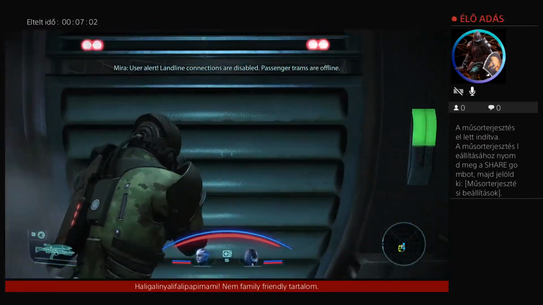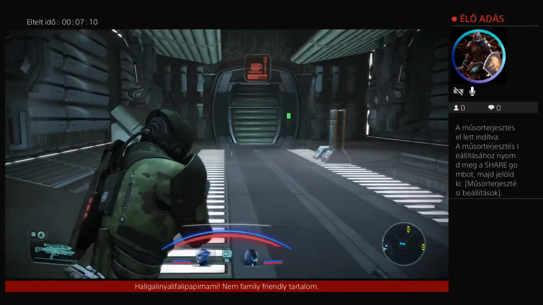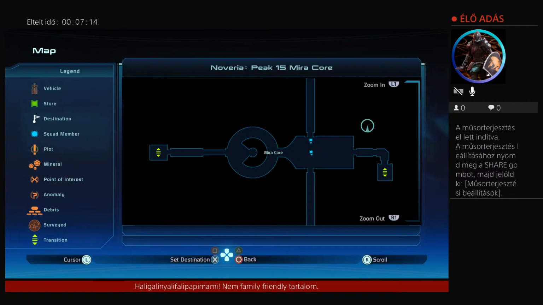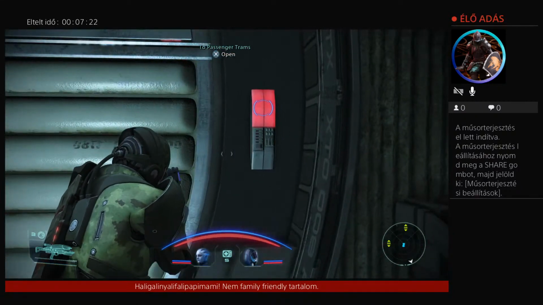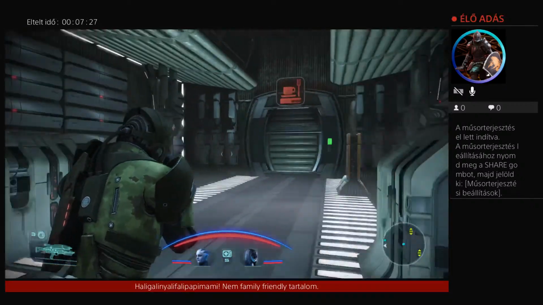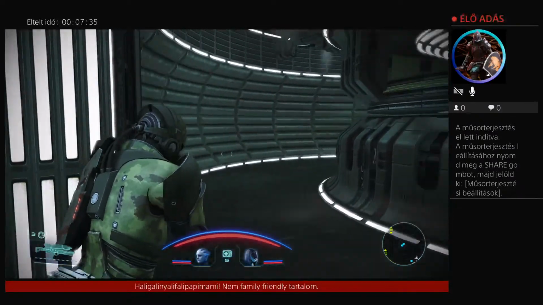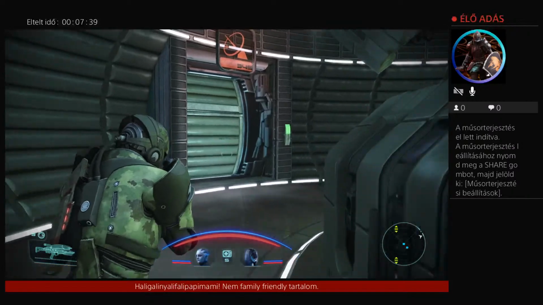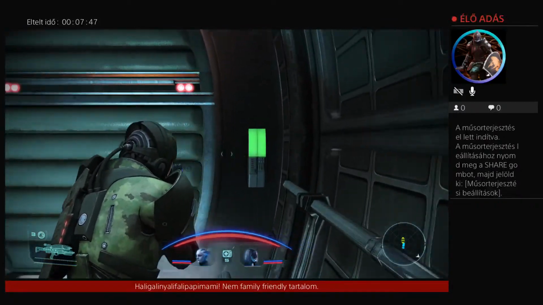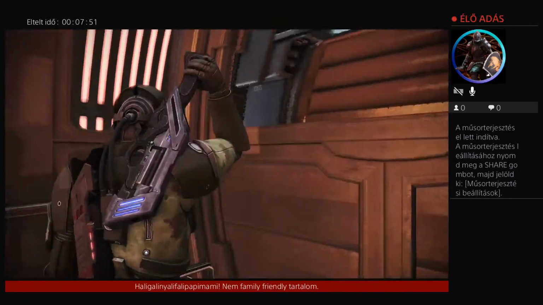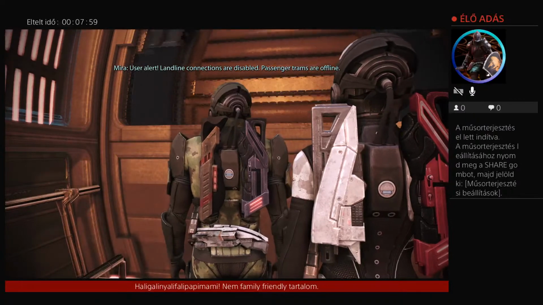Passenger trams are offline. Now exiting to the roof.